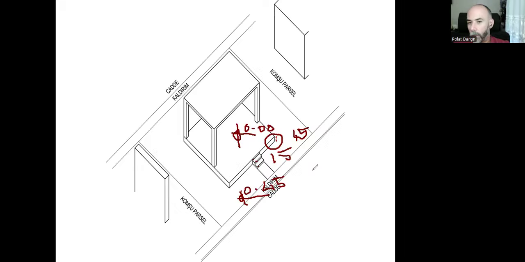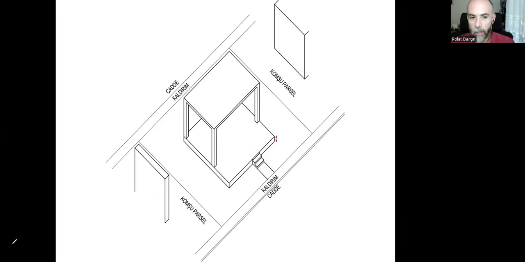But if you are looking for a higher grade level, then instead of three steps, we can go for four or five or six steps. And if we want, we don't do any grade level. The grade level can be zero, but that's important for us in order to protect the building from the water.